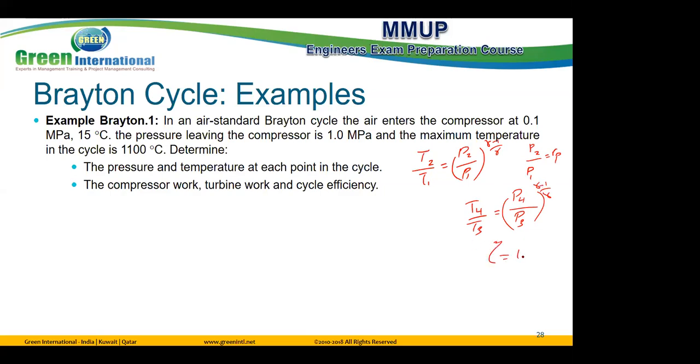Efficiency is 1 minus T1 over T2. One thing I tell you, be careful about this part: temperature must be in Kelvin. Try to solve it, please.